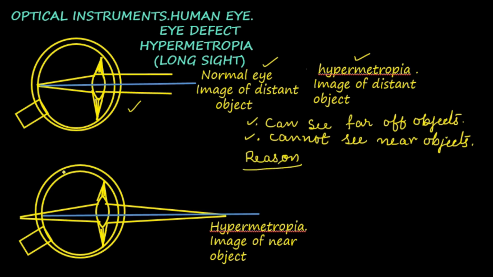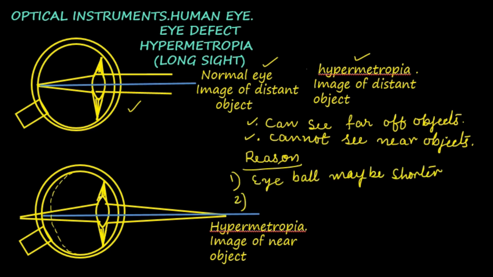The eyeball of a person suffering from hypermetropia may be shorter than the normal eyeball. That is, the eyeball may be compressed from back forward. So the retina seems to be pushed forward. Distance of the lens and retina get reduced.